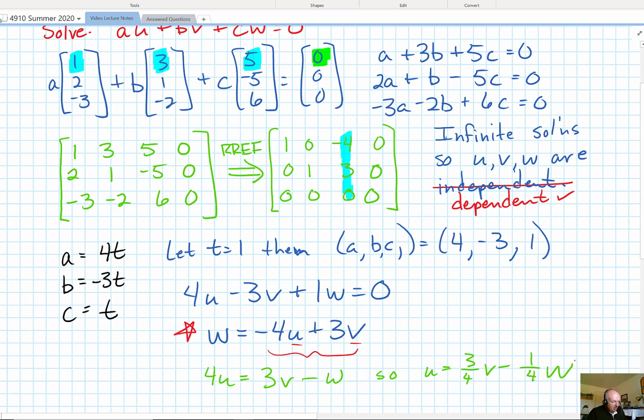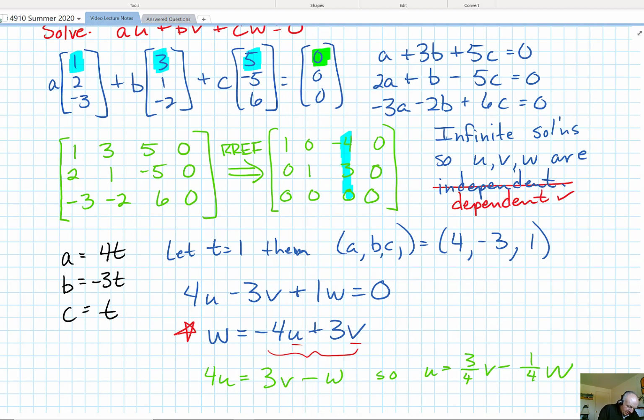So again, this is what it means to be dependent: I can take one of the vectors and build it out of the other two. So in this case right here, I don't need W. I would just use this in its place. I could just use U, V, and then minus 4U plus 3V.